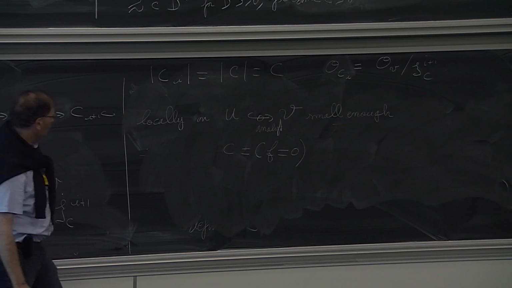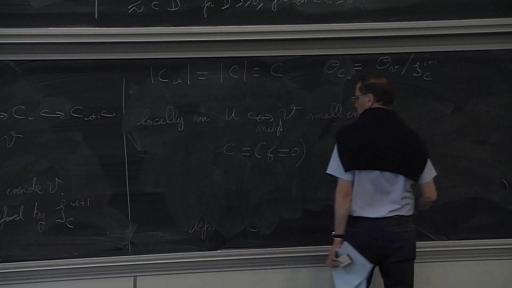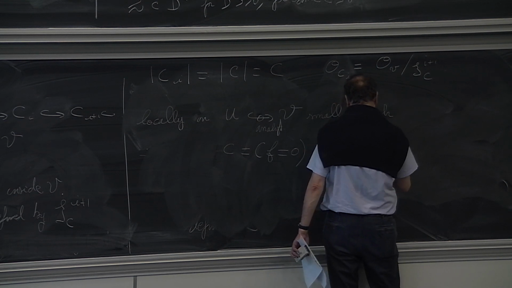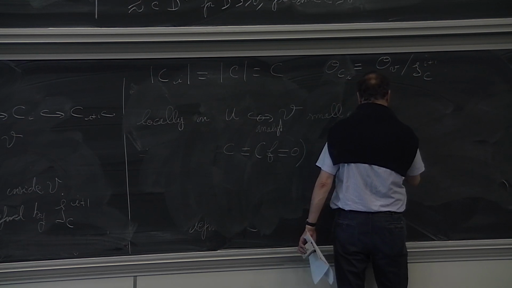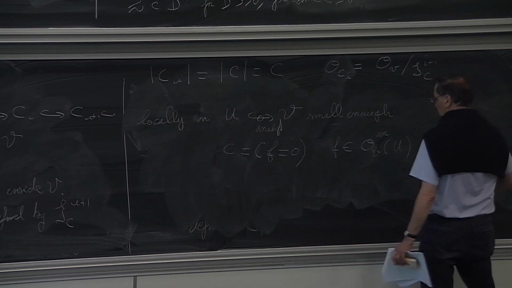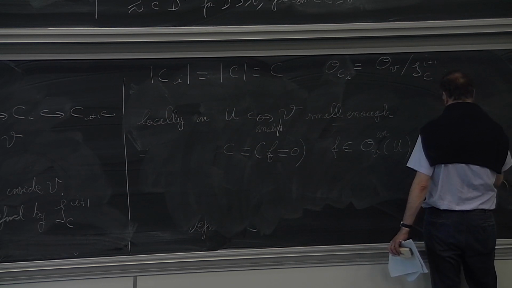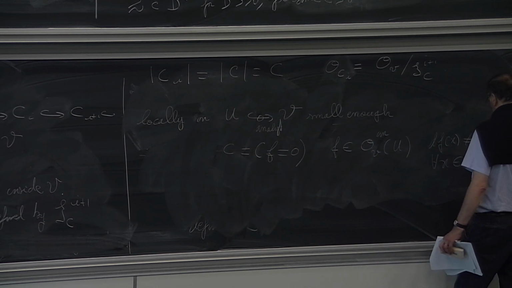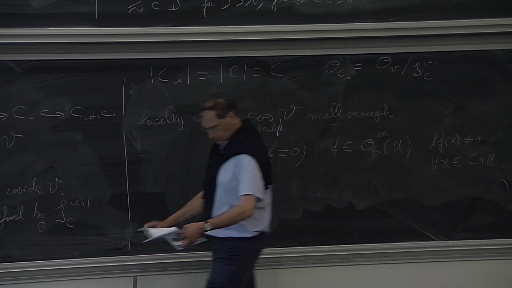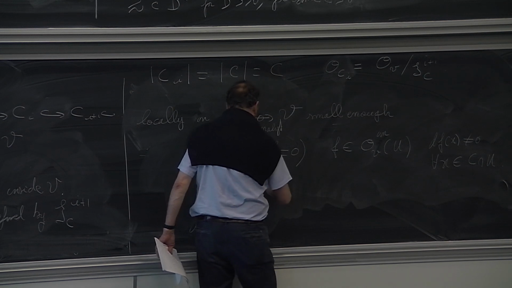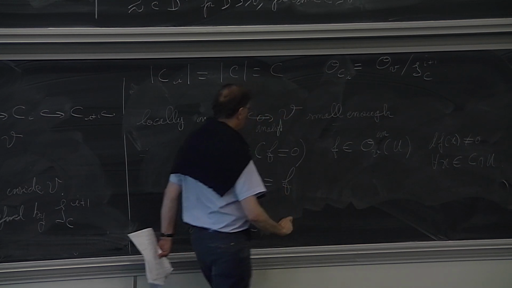It's a smooth curve on a smooth analytic manifold of dimension 2, where f is analytic on U, and the differential of f doesn't vanish at any point in C intersect U. So in that case, the ideal sheaf of C over U is principal.